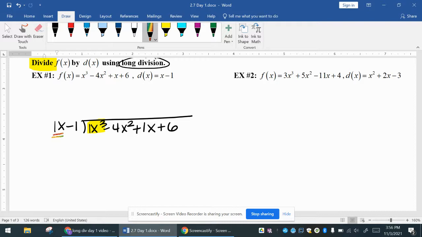So you're going to ask yourself, how many times does x go into x cubed? But it's a little different than with numbers because you have to ask yourself, what do I need to multiply it with to get x cubed? So if you already have x and you want x cubed, you need to multiply x with x squared. Okay? Now what you're going to do, and this is where you have to be careful, okay?